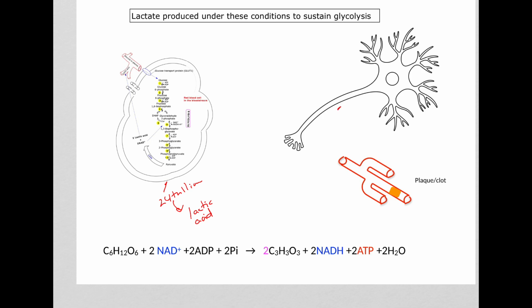Now other cells, such as your neurons and muscles, will only produce lactic acid if they don't have sufficient oxygen. In that case, they will use glycolysis for ATP generation, and that will lead to lactic acid production. So lactic acid in your blood comes from two major sources: your red blood cells as well as cells that do not have enough oxygen.